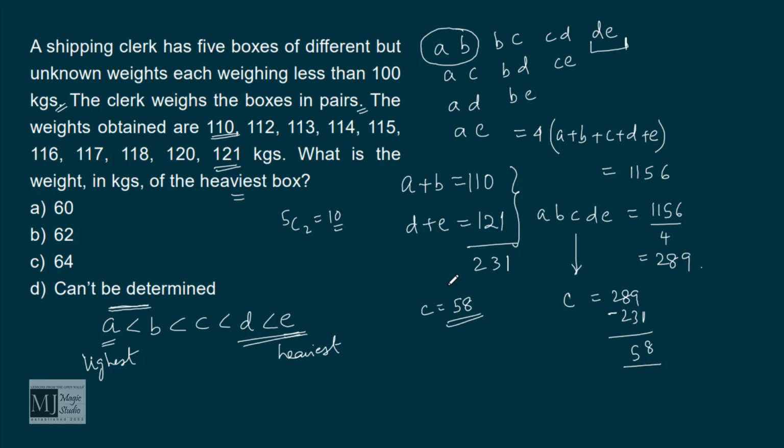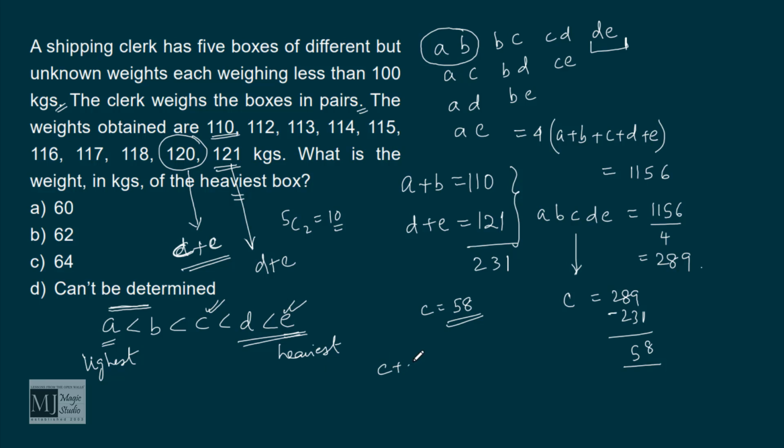Okay, good. Now, what is 120? 120 should be the weight of the heaviest one and the third heaviest one. 121 was D plus E. So 120 should be E plus C. 120 should be the weight of the heaviest one and the third heaviest.